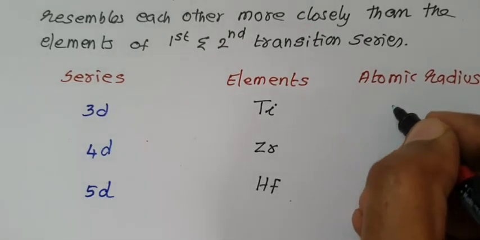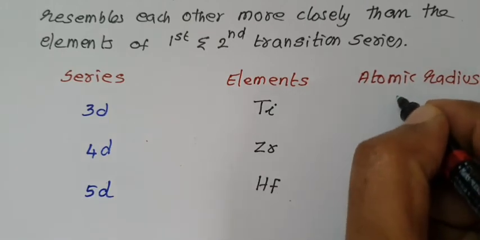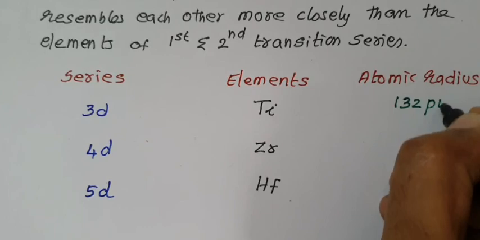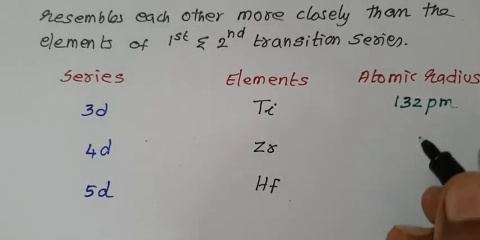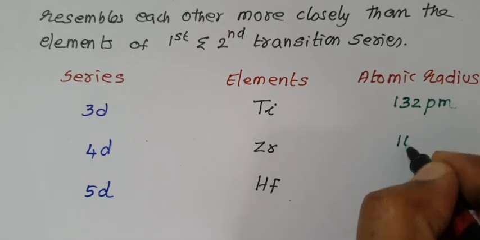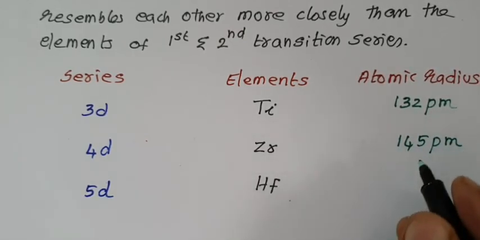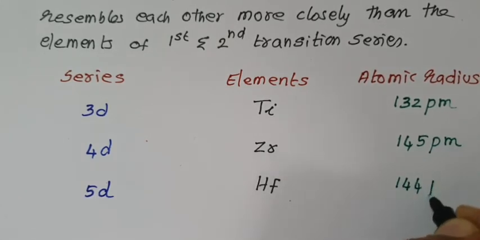This is the first transition series, titanium: atomic radius is 132 picometer. For 4d series zirconium, 145 picometer, and 5d series hafnium, 144 picometer.